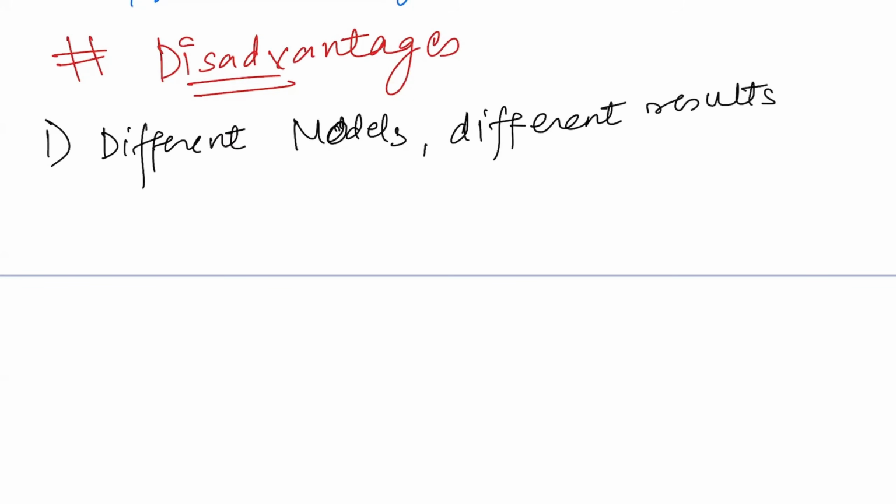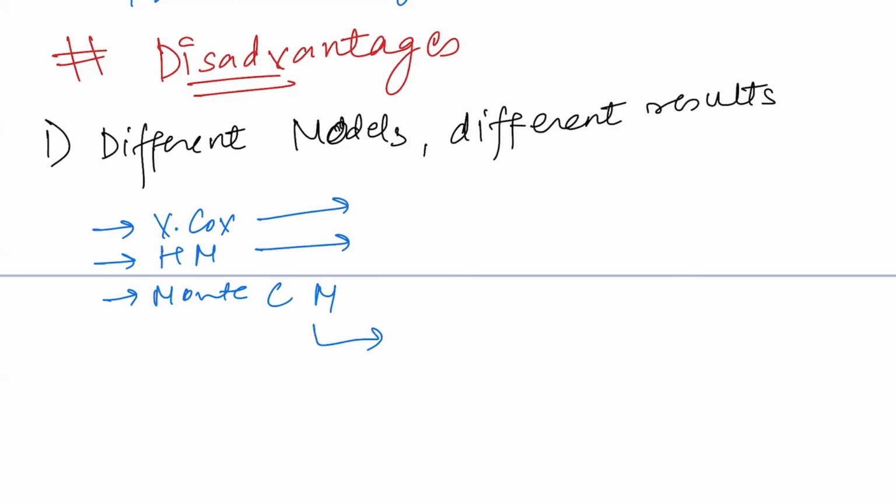as I told you above, there are three ways of calculating value at risk: the variance covariance method, the second one is the historical method, and the third one is the Monte Carlo method, right? So each of these methods gives a different value at risk number. So whatever value at risk we get in the end, these are not the same.